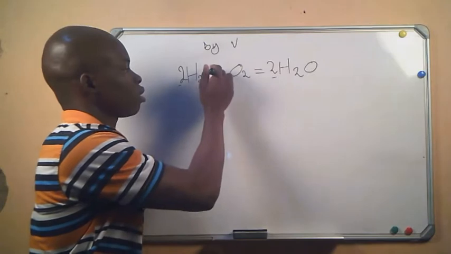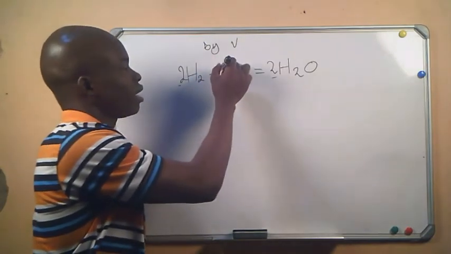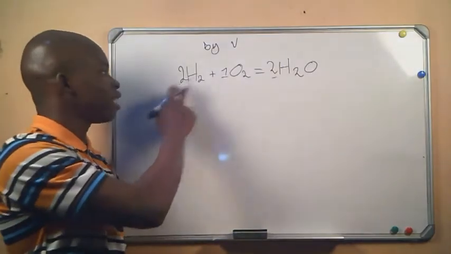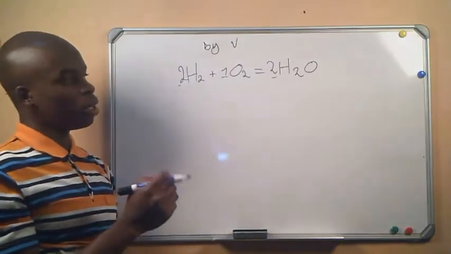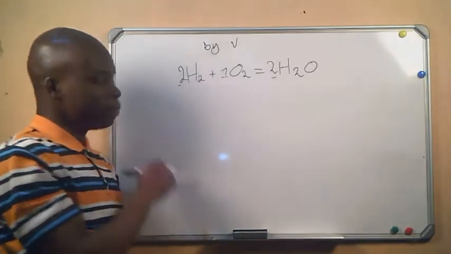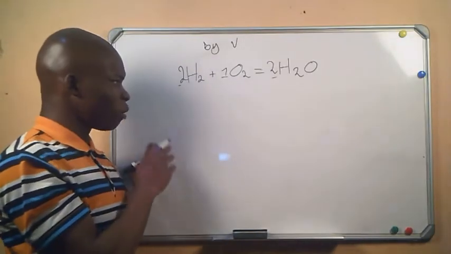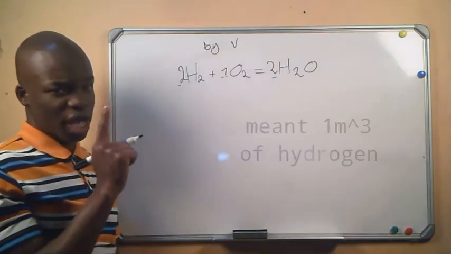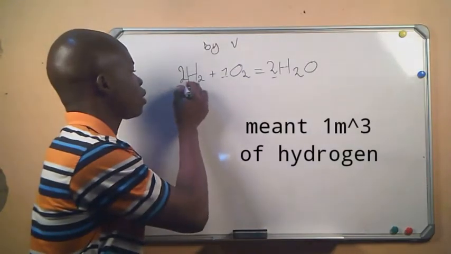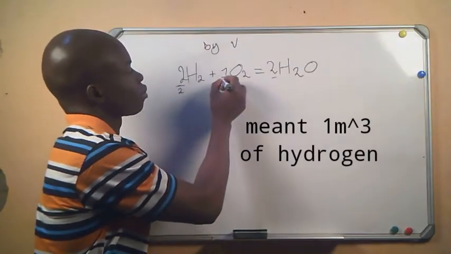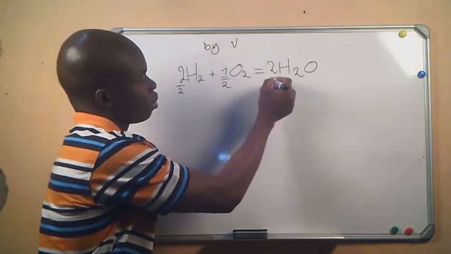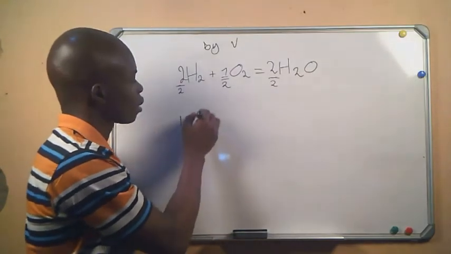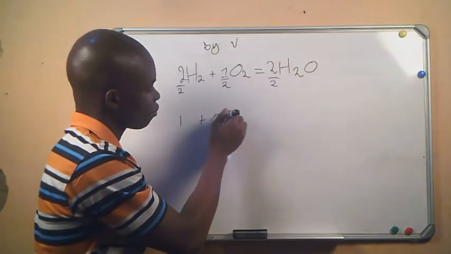When there is nothing in front, it's the same as saying there is 1. Because we are looking for the amount of oxygen required to completely burn 1 kg of hydrogen, we will divide throughout by 2. Then here we will have 1, and here we will have 0.5.